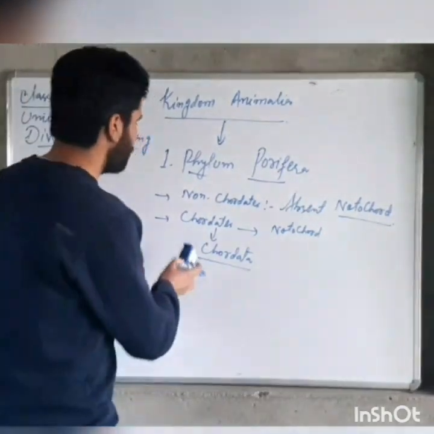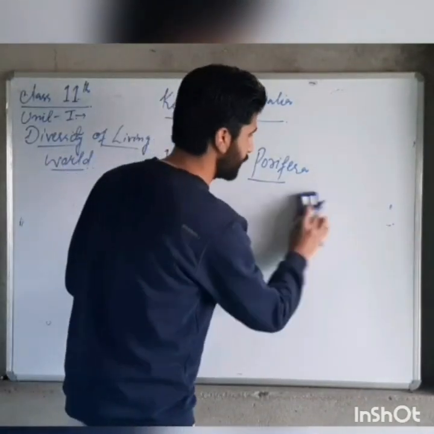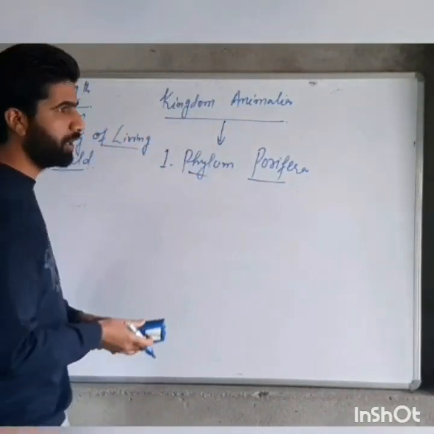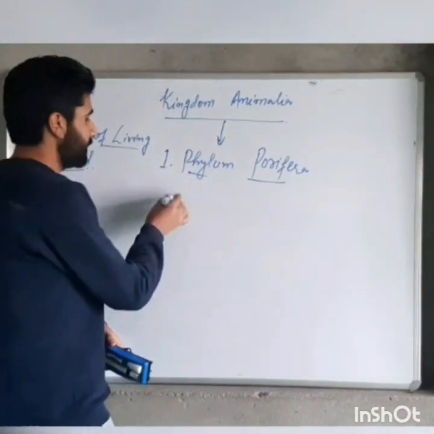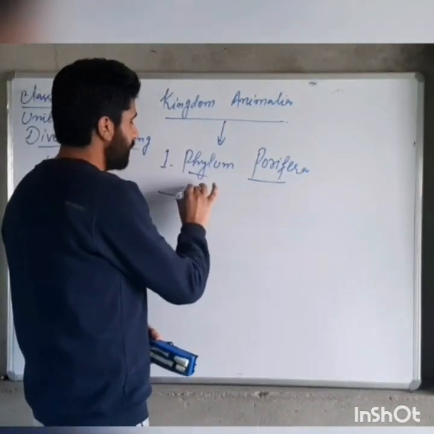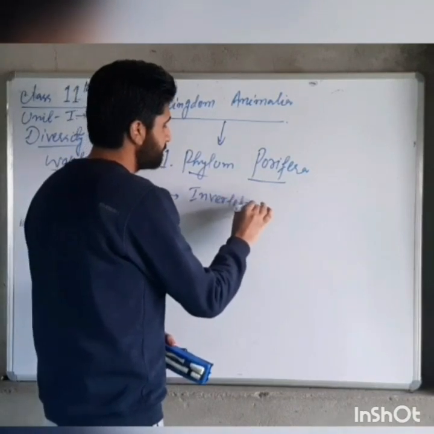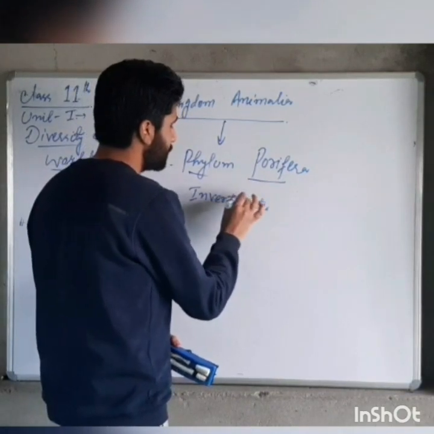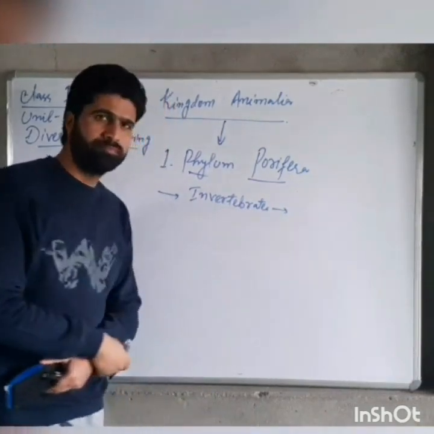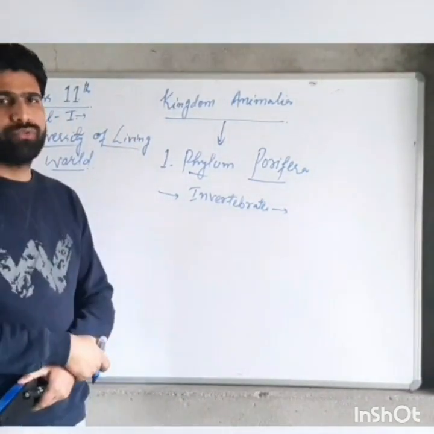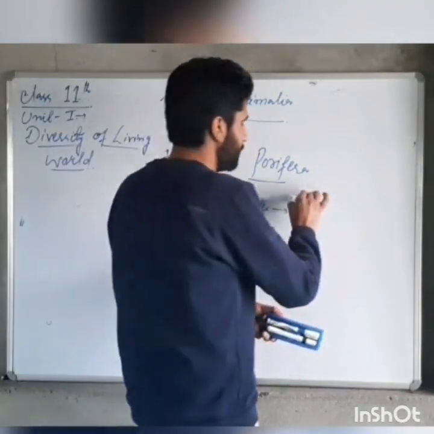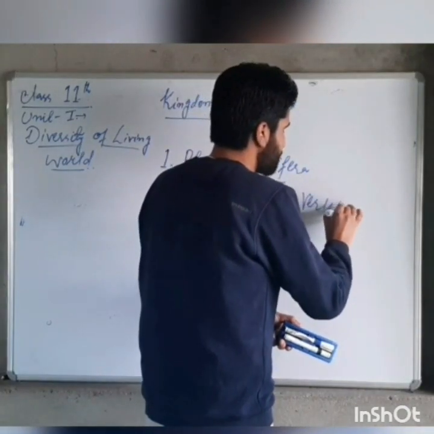The other term that I will mention here, before going towards the first phylum, that's called Phylum Porifera. You will have to remember another term, that's called invertebrates. A simple definition: those which lack vertebral column.